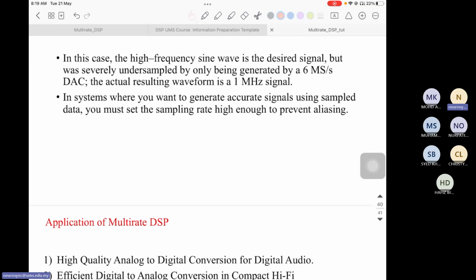According to this theorem, the sampling rate must be at least twice the highest frequency content in the signal.